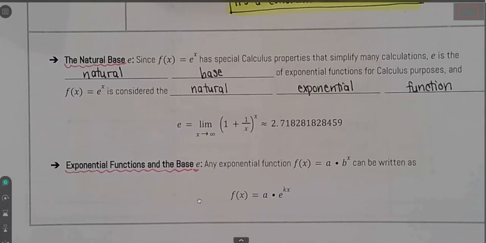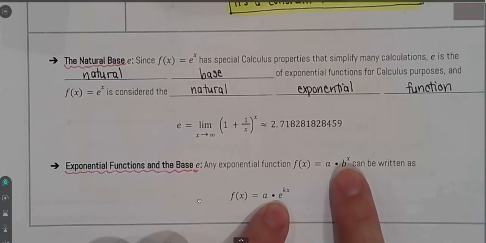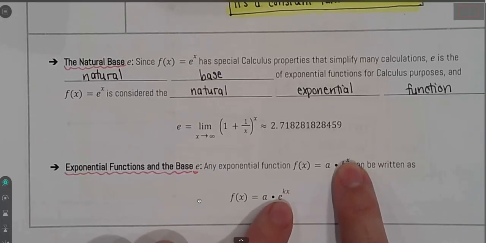If you ever needed to change the base of a function to e, you can do that by figuring out some coefficient for x.